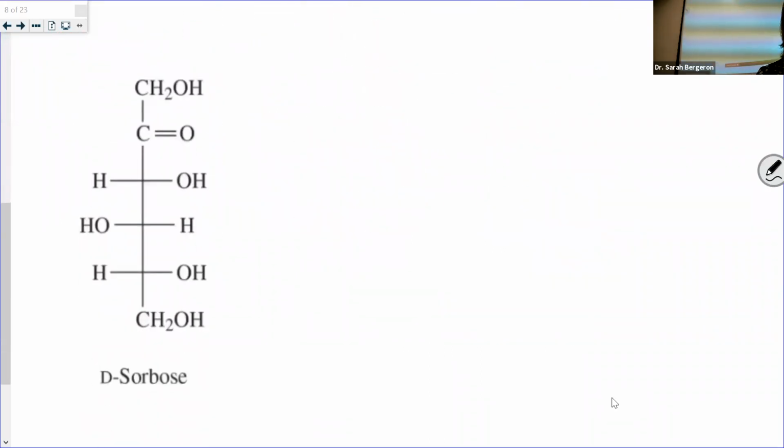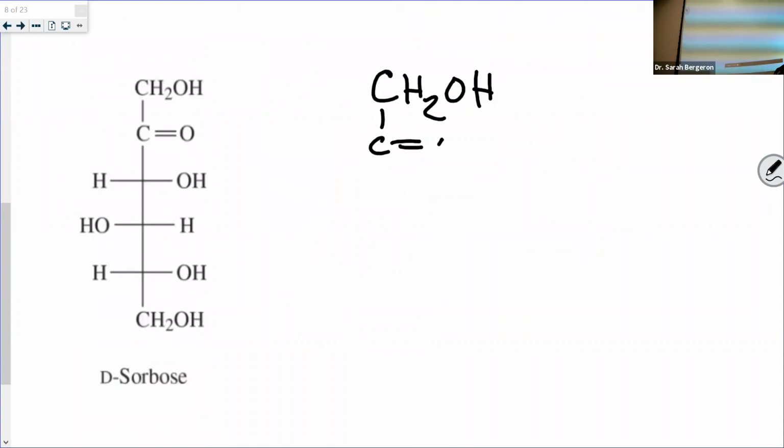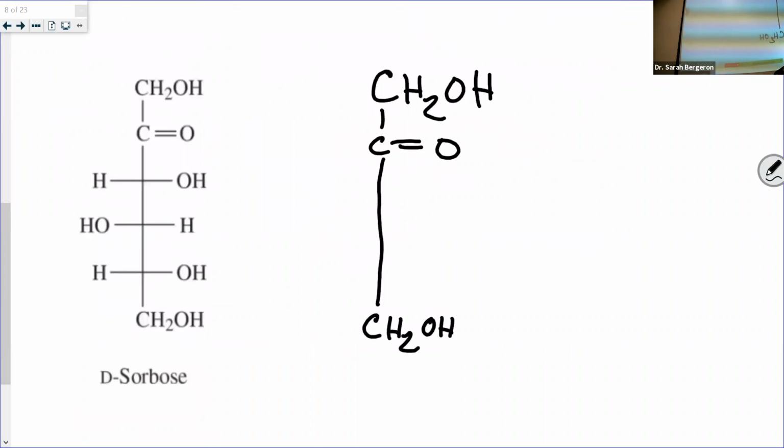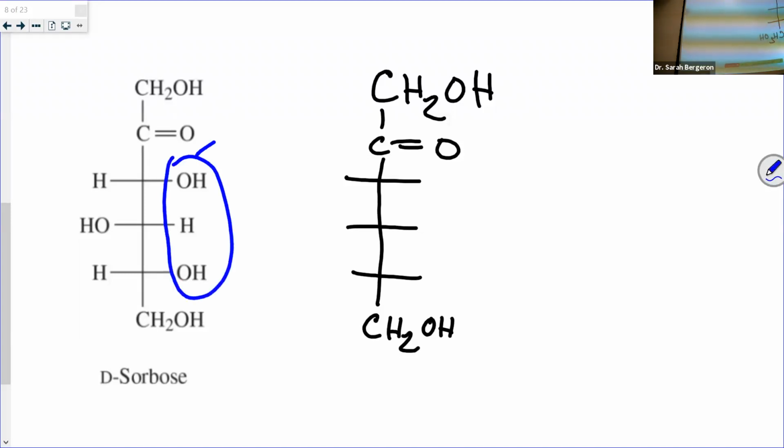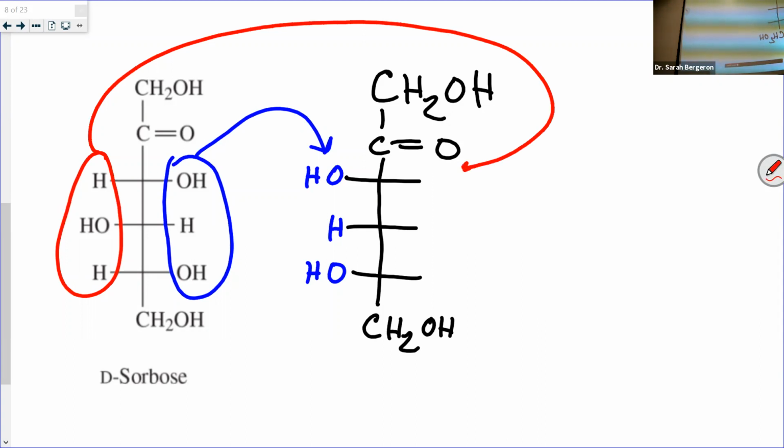All right, here's another one. So I want to draw everything that's not chiral first. I'm just going to copy it. So now everything that's here is going to go on this side. So I'll put my oxygen next to my carbon, my hydrogen, oxygen next to the carbon. And then everything that is here is going to go over here.